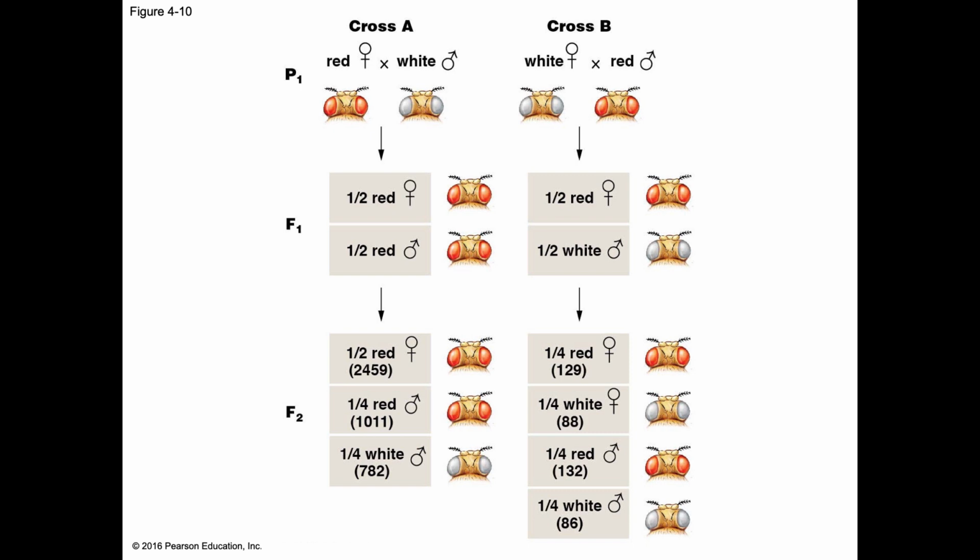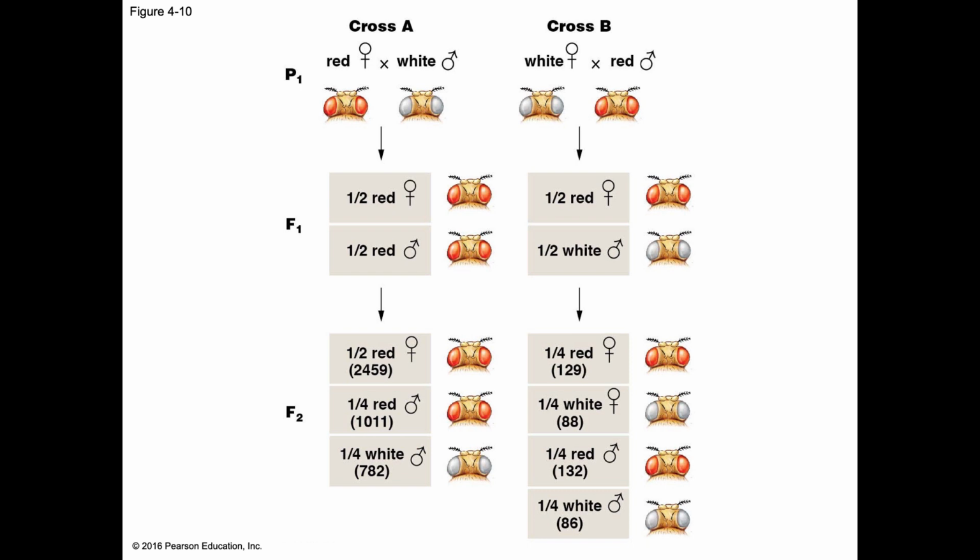the male fruit fly is only capable of transmitting the white allele, and he only gives an X to his daughters. So every one of his daughters is going to inherit the white allele. All of his sons get a Y. Kind of weird to think about daughters and sons in fruit flies, but that's okay. If we consider that the female is a true breeding red eye, that means all of her offspring get an X that would encode a red eye.